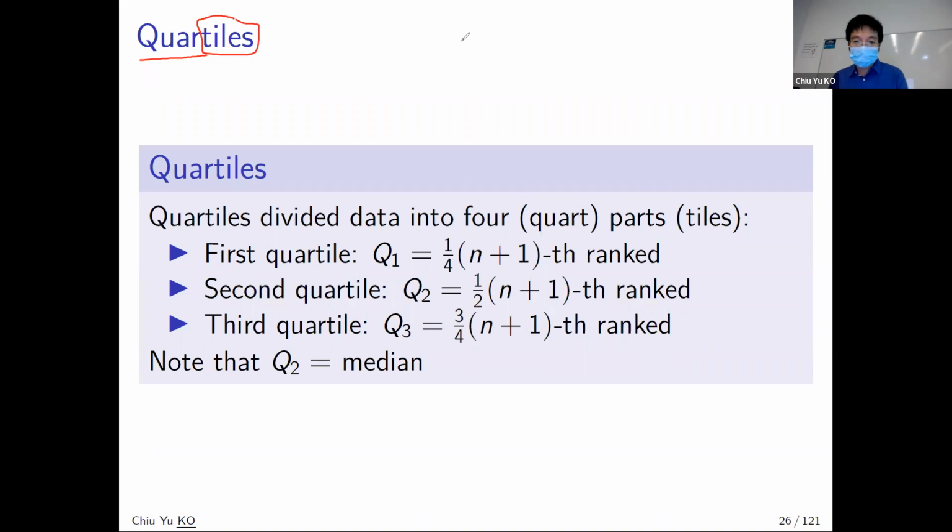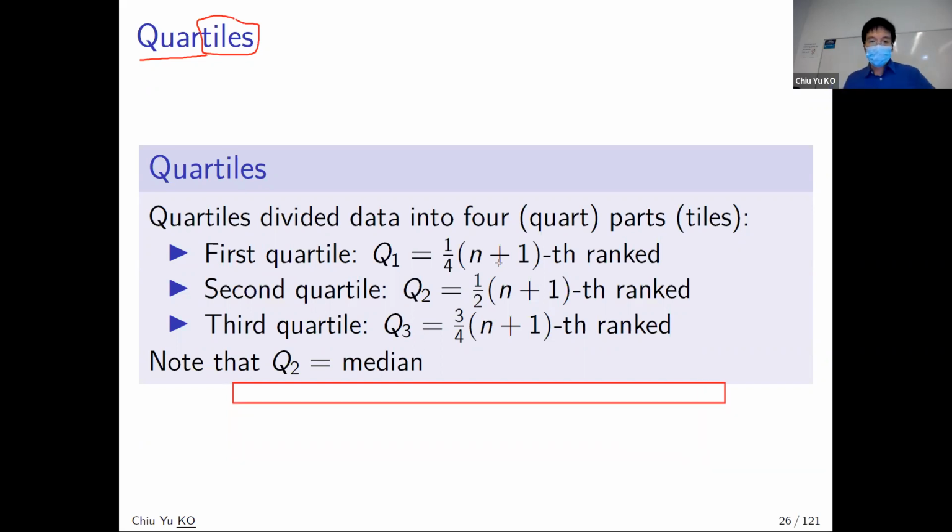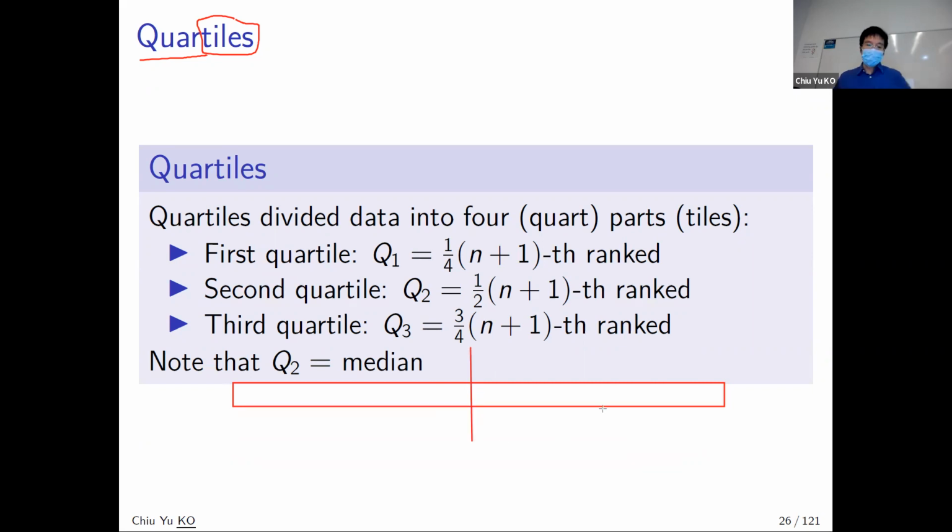So what I mean is, here, suppose I have the data like this. I consider this data. If this is the smallest and this is the biggest, and I cut at the center, somewhere here, then that is the median, right?